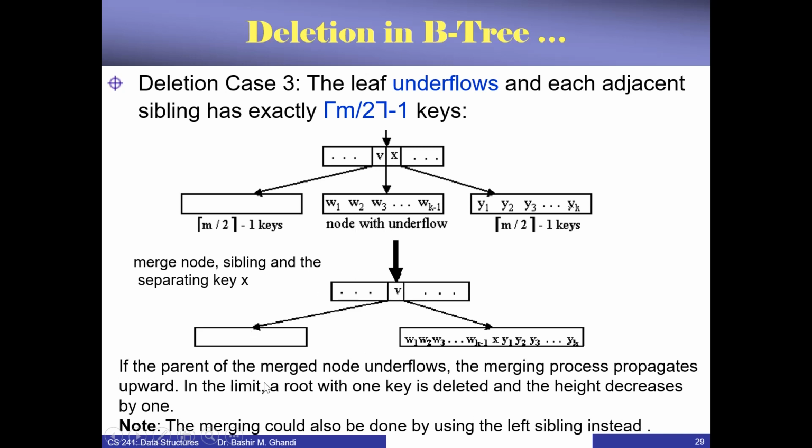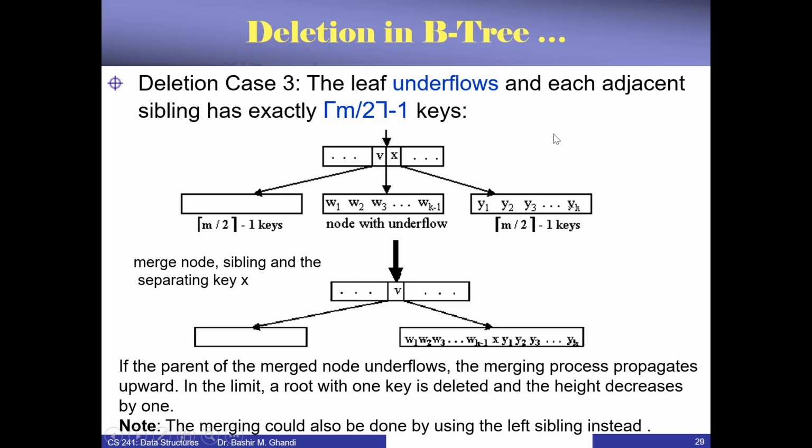Now let's read this note. It says if the parent of the merge node underflows, because you see you're removing one element from the parent, then the merging process will propagate upwards. Of course, before you try to merge, you have to see, can you borrow from the sibling of the parent to solve the problem? If you can borrow, borrowing is the first step.